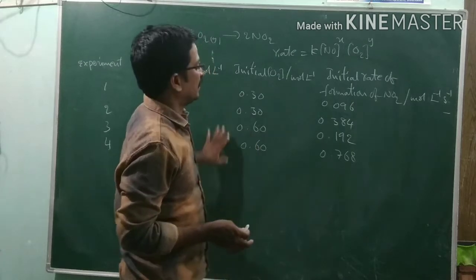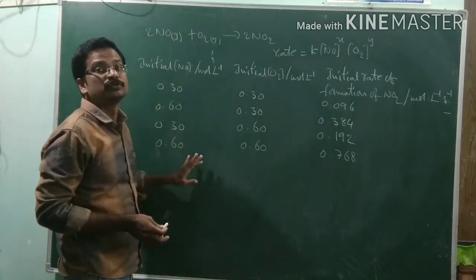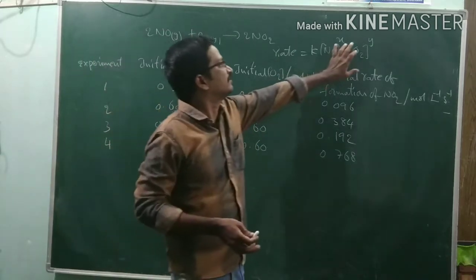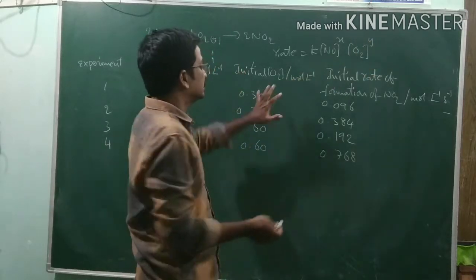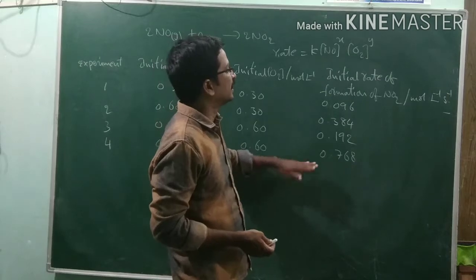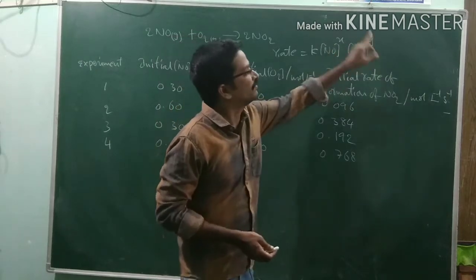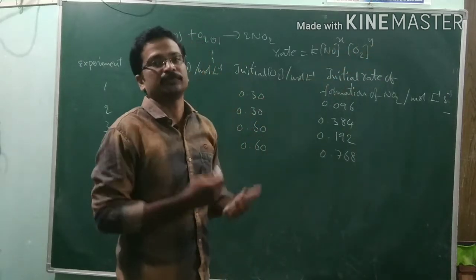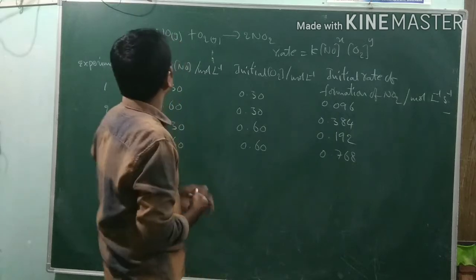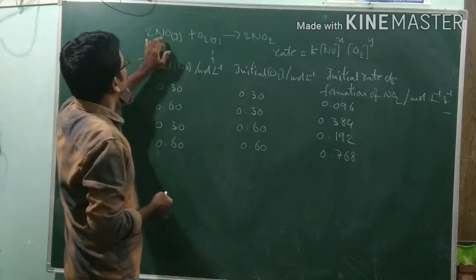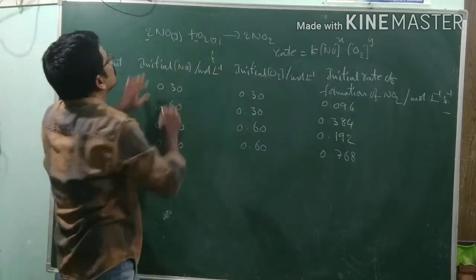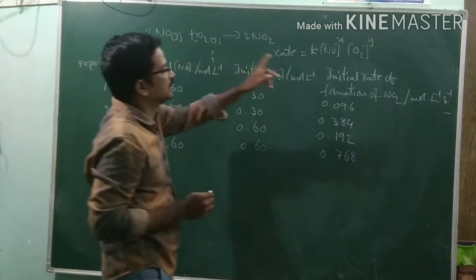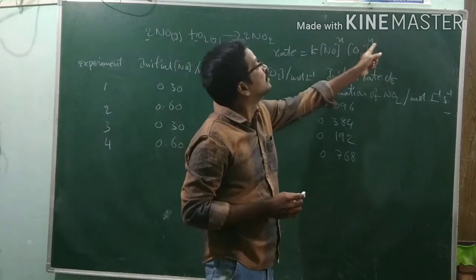From this data, you should find out x and y. What is the x value and what is the y value? Using this experimental data, you should find out the x and y coefficients. 2 and 1 are stoichiometric coefficients. These are experimental values.